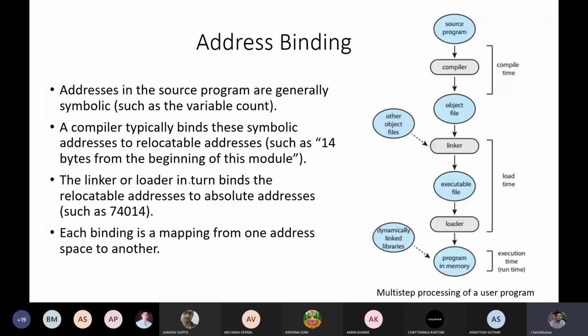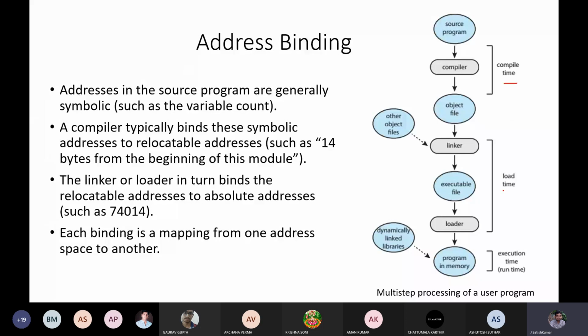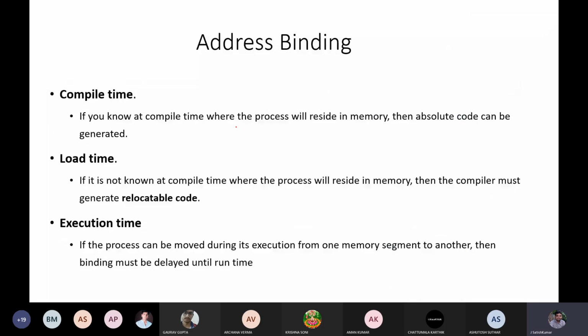So whenever we need to understand, first three things: what is compile time, load time, and execution time or runtime. If you know at compile time where the process will reside in memory, absolute code can be generated. So that is the object file. Absolute code will be generated at compile time. At load time, this absolute code will be loaded into the memory for execution.